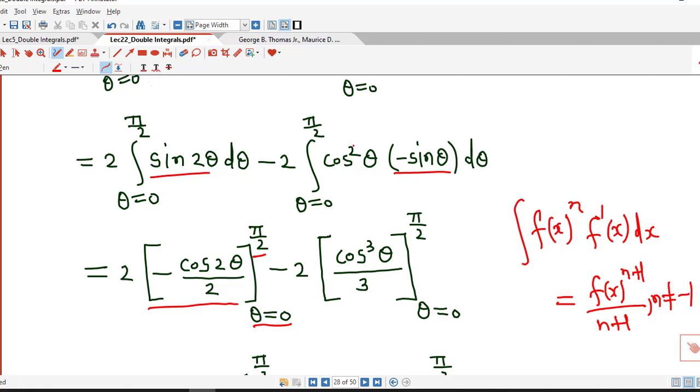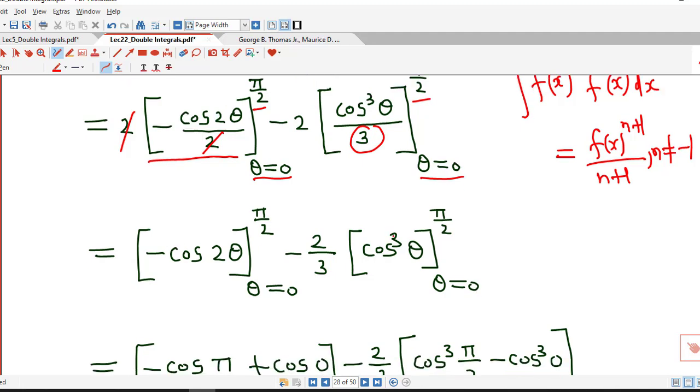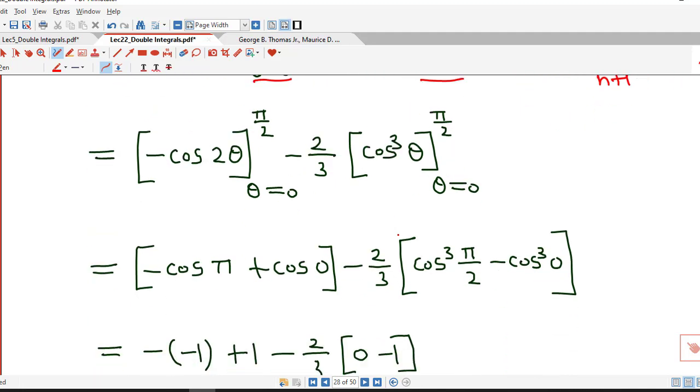Here n equal to 2 and function is cos theta, so cos cube theta divided by 3, theta from 0 to pi by 2. So now these 2 will cancel out and we have minus cos 2 theta, theta from 0 to pi by 2. Here we take this 3 outside, minus 2 by 3 cos cube theta, theta from 0 to pi by 2.